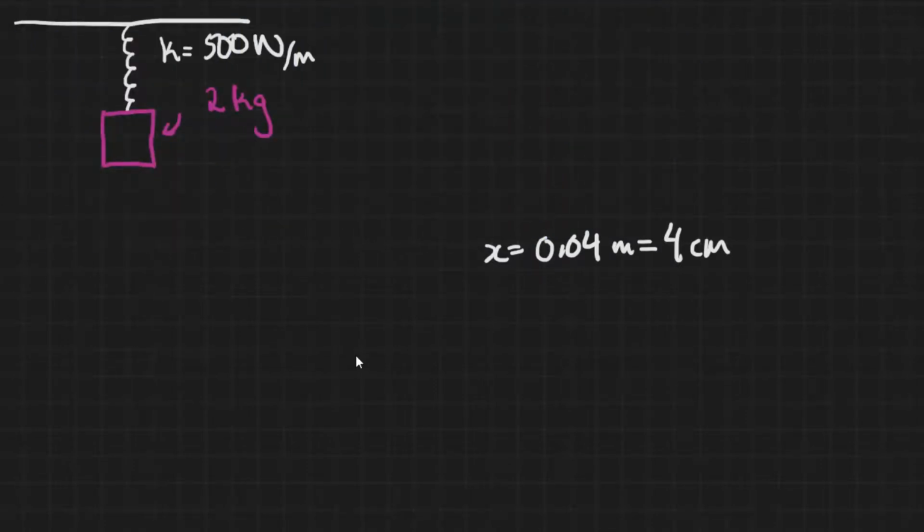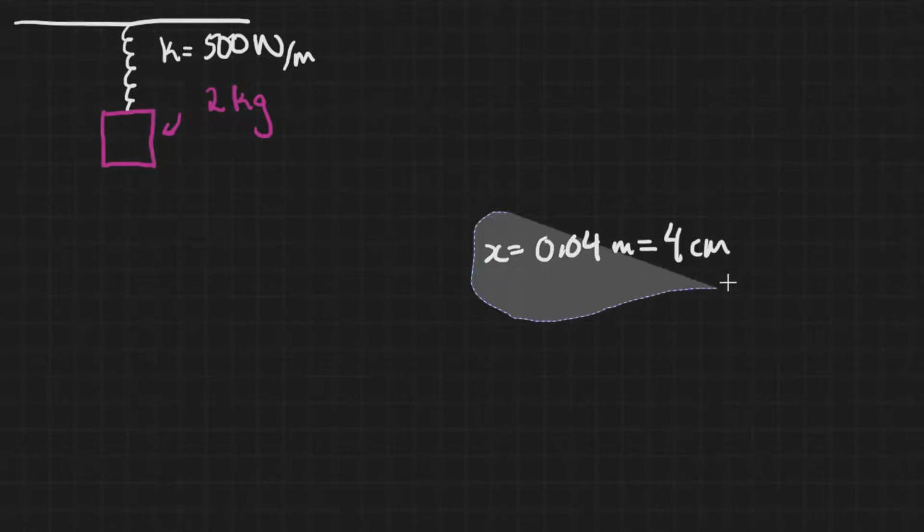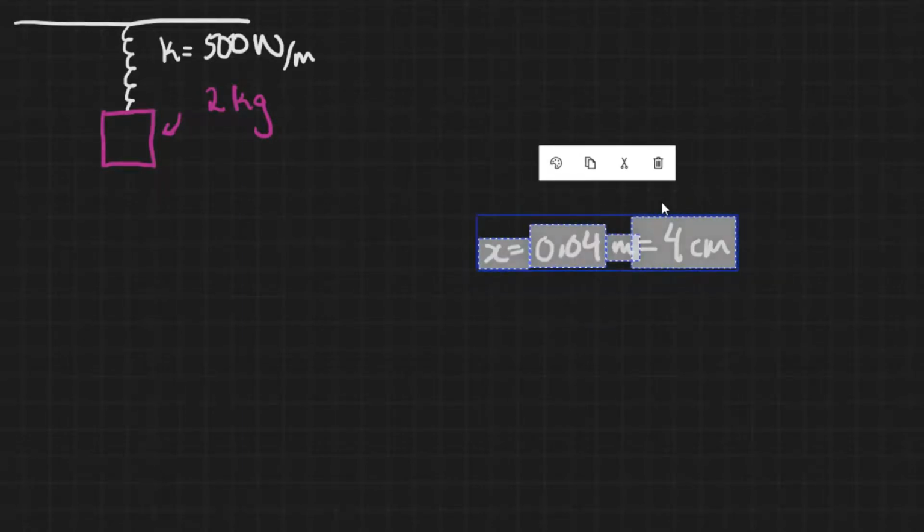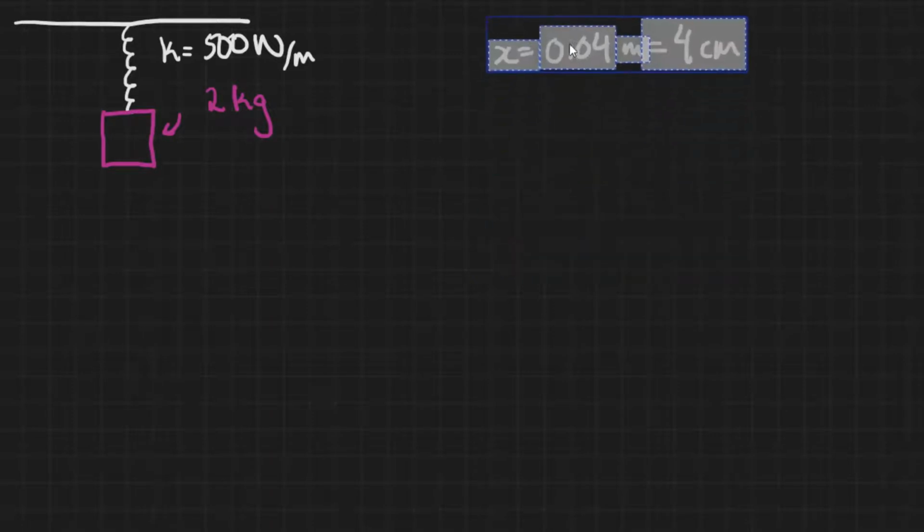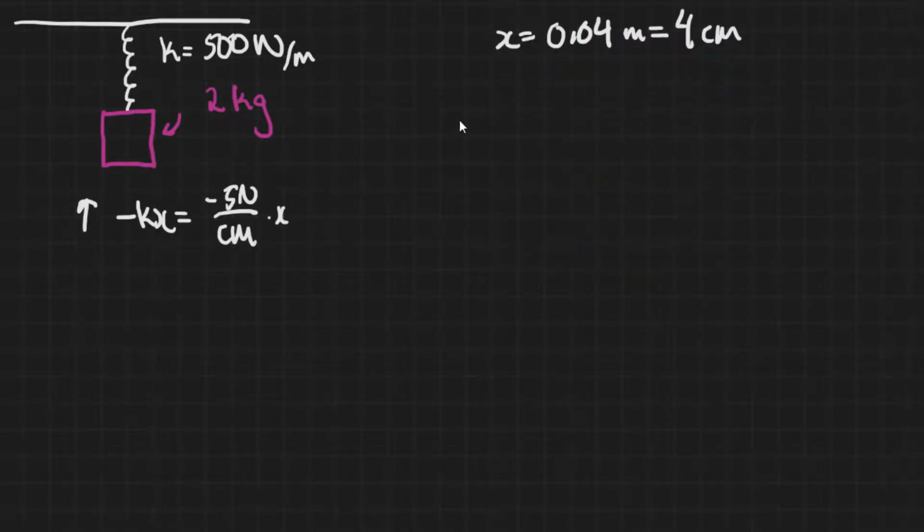So what we're going to do now is take a look at what the force is throughout this entire period of time. We want to use one of the kinematic equations we know, which relates acceleration, distance, velocity 1, and velocity 2.